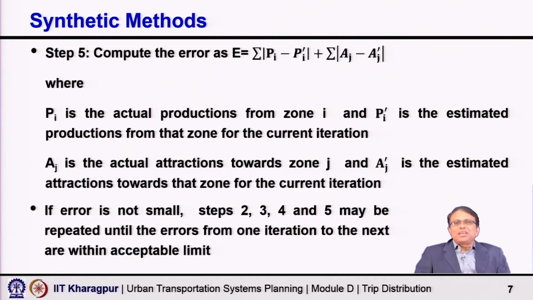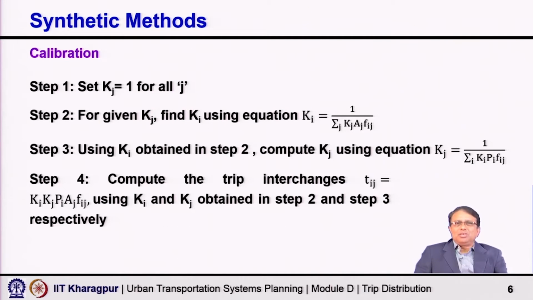That means you still have not got the correct values of the balancing factors. If there is an error here, it is coming because of the balancing factors Ki and Kj. So, you have to go back to that area. What will we do? We will again go back to step 2.